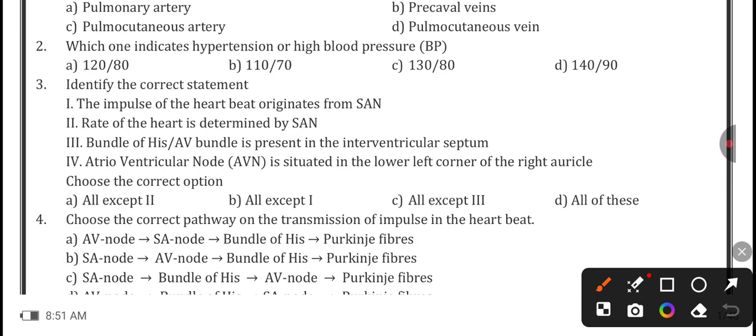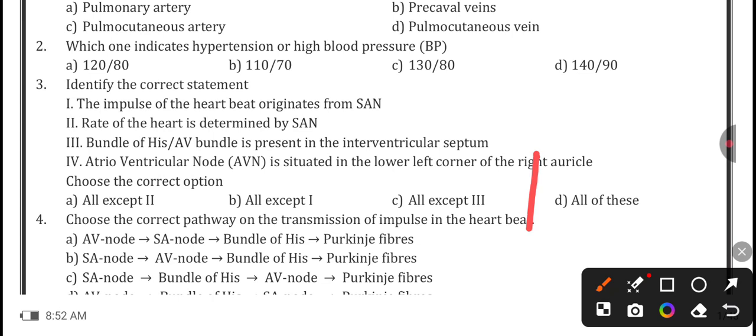No, the bundle of His is the only means to transmit the impulse from the auricle to the ventricle. Statement 4, the AV node is situated in the lower left corner of the right auricle. This is also correct. So if we see the options, A, all except 1, all except 3, and D, all of these. All the statements are correct except statement 3.